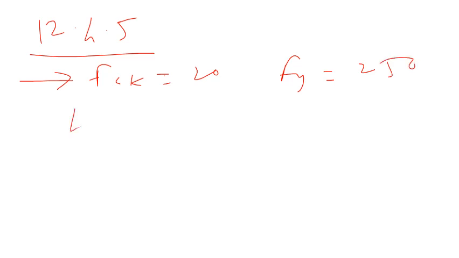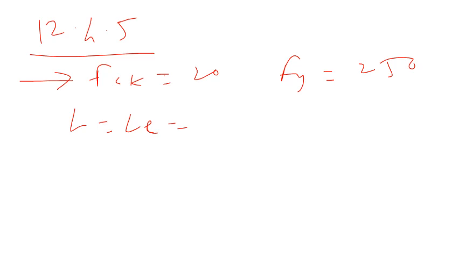Assume effective length to be equal to unsupported length. So given: fck as usual 20, then fy 250, then L or unsupported length, both are same.